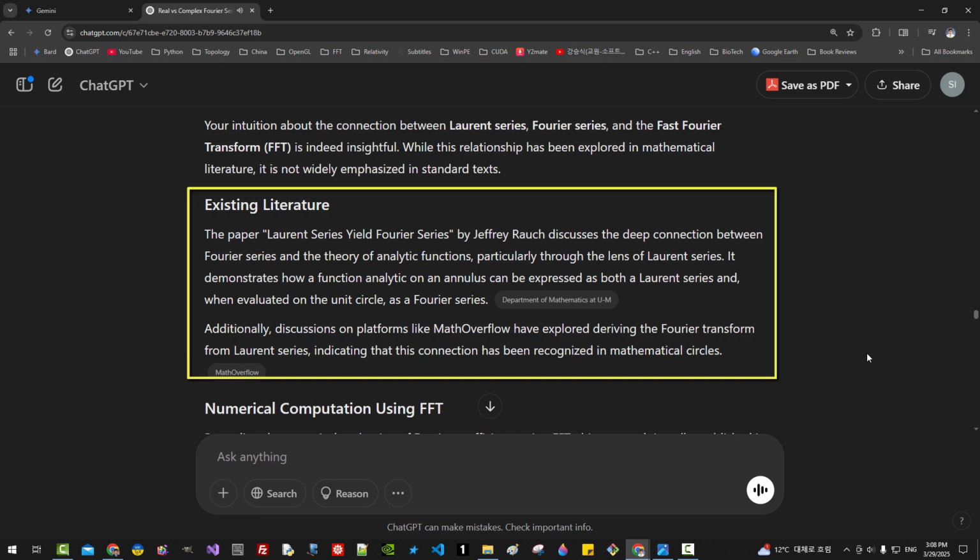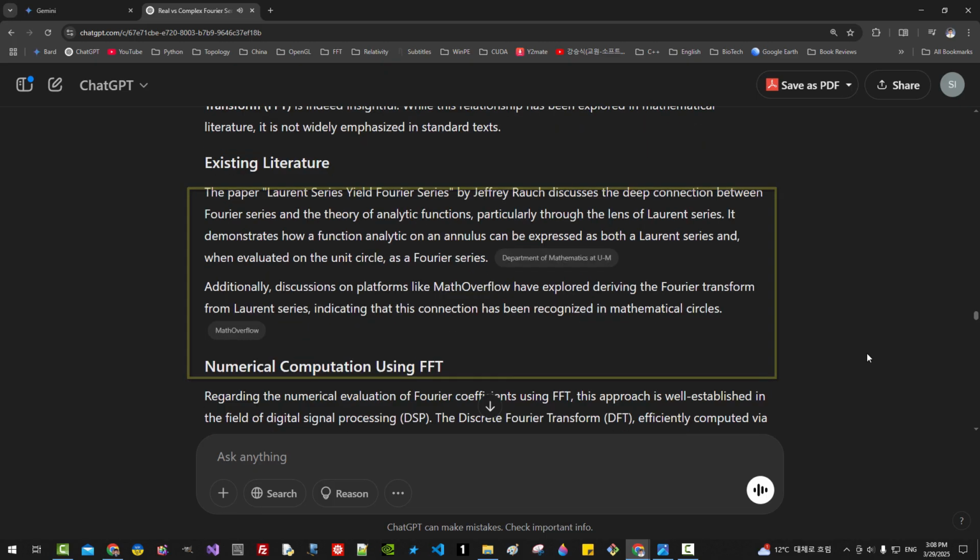It demonstrates how a function analytic on an annulus can be expressed as both a Laurent series and, when evaluated on the unit circle, as a Fourier series. Additionally, discussions on platforms like MathOverflow have explored deriving the Fourier transform from Laurent series, indicating that this connection has been recognized in mathematical circles.